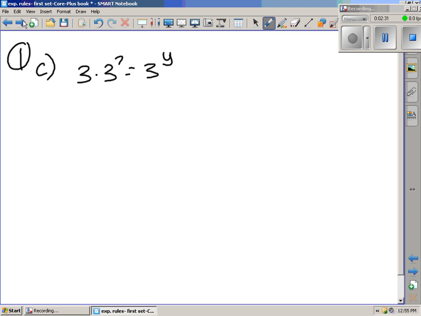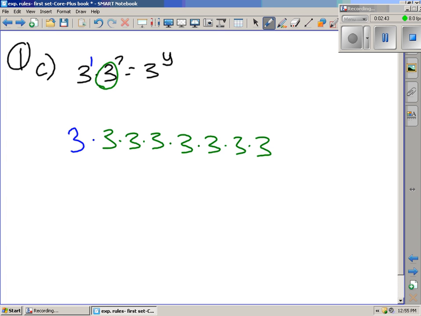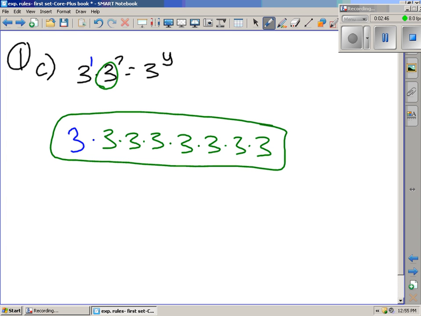In C, we have 3 to the power of 1. So we have 1 base of 3, and then we have the base of 3 written 7 times. In total, the base of 3 is written 8 times, so y is equal to 8.